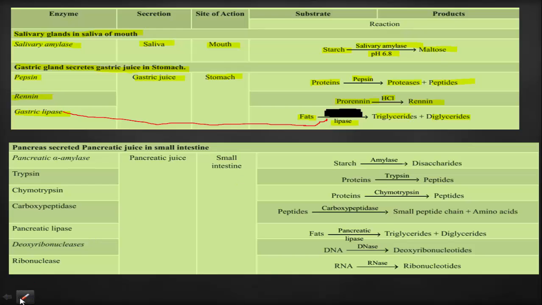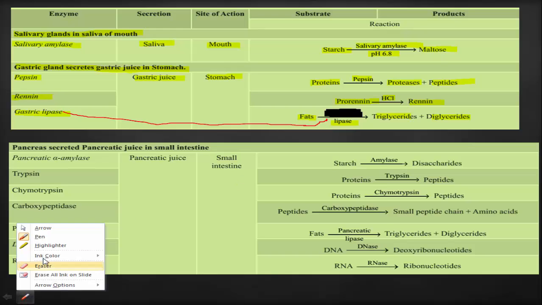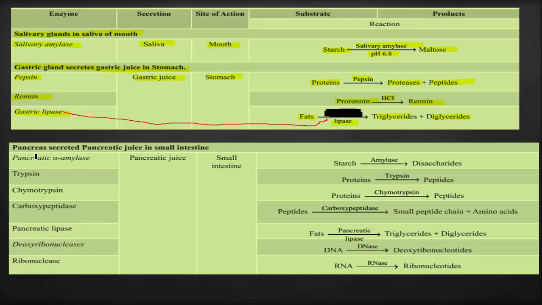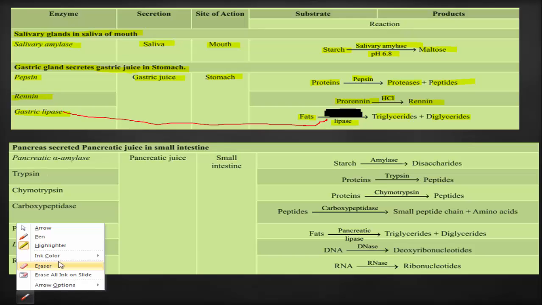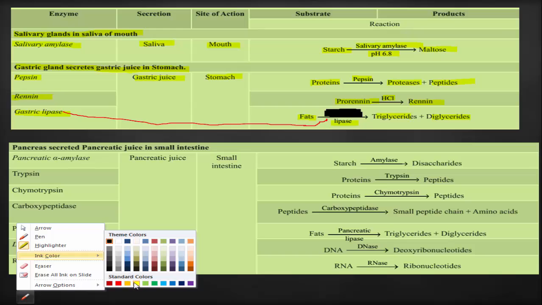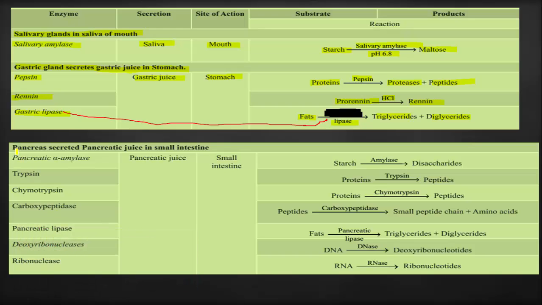Then pancreatic enzymes. What are the different enzymes present in the pancreatic juice? Pancreatic juice is secreted from the pancreas. It acts on the food in the small intestine.